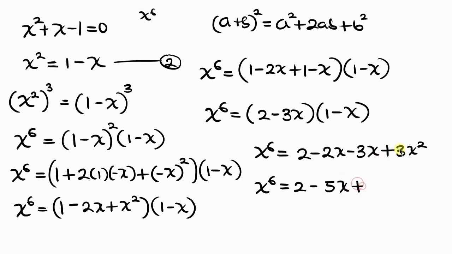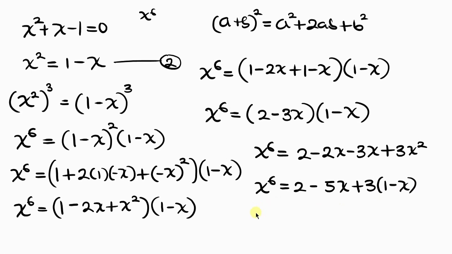plus 3. Now notice that I have x squared here. And from equation 2, x squared is equal to 1 minus x. So we're going to be replacing this x squared by 1 minus x. So times 1 minus x. So let's expand this.